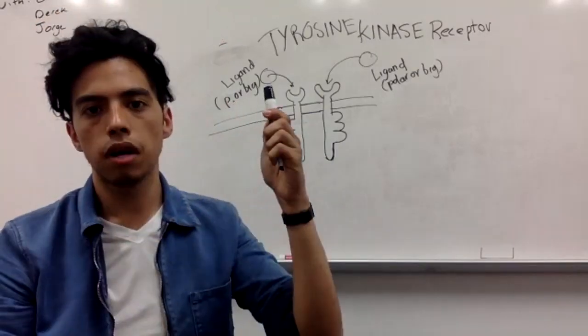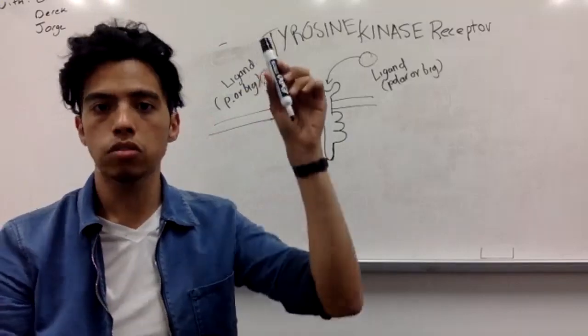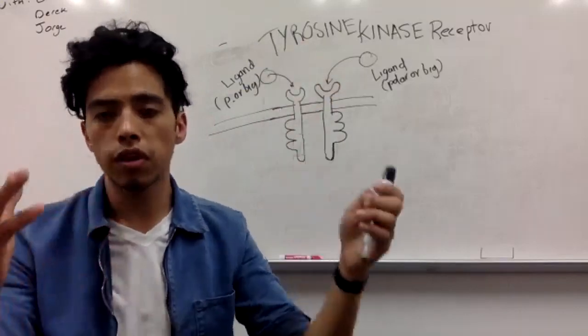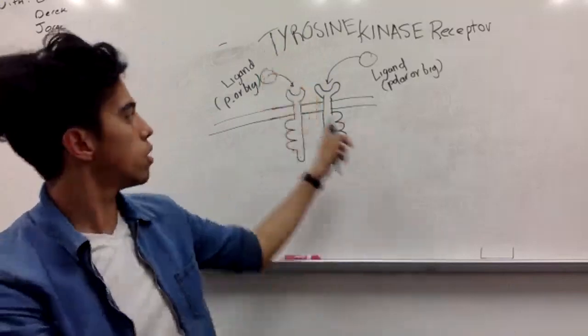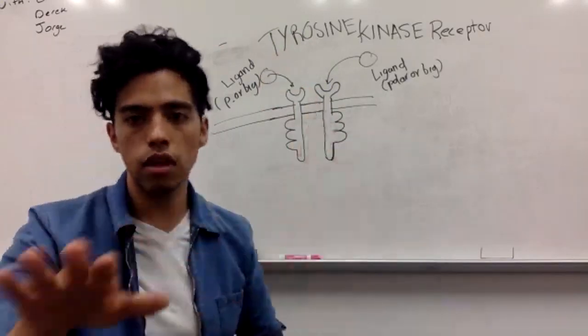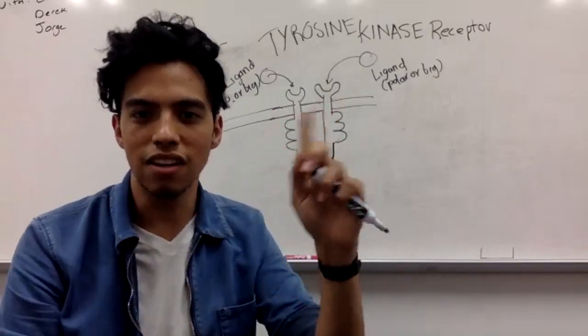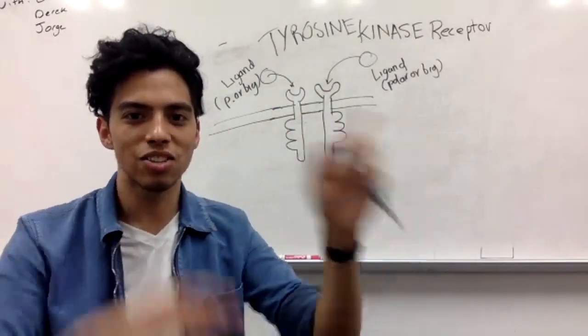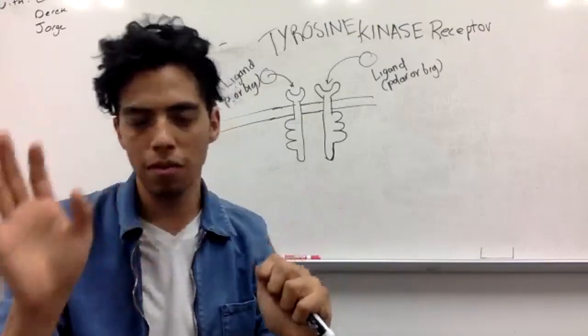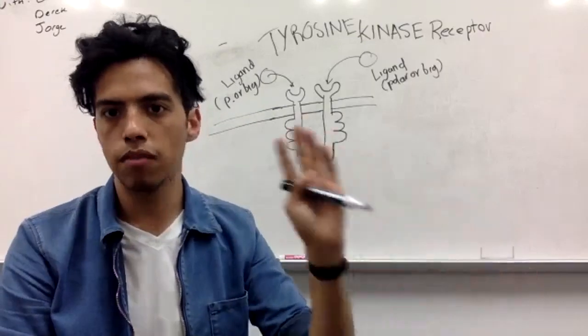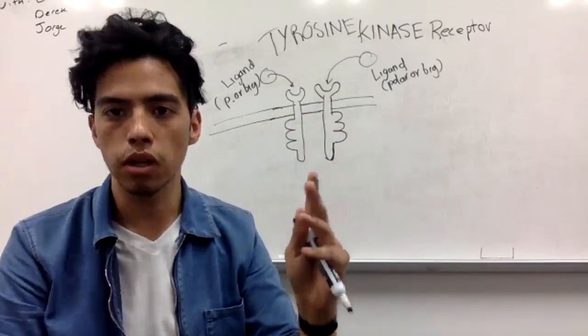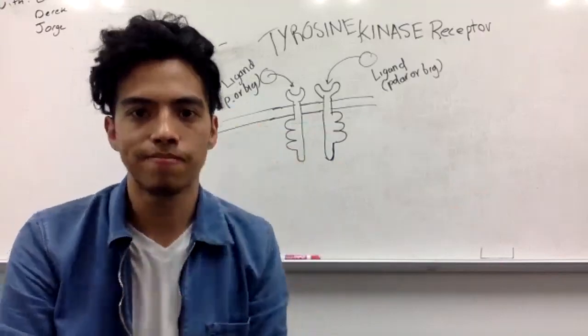Because if these were nonpolar, or very small, they would be able to go through this membrane here. If you have any questions about that, post them in the chat. I'm not able to see who's been here, so I'm not sure if there are new people that weren't here from the very beginning. If you want me to go over that really quickly, just put it in the chat.